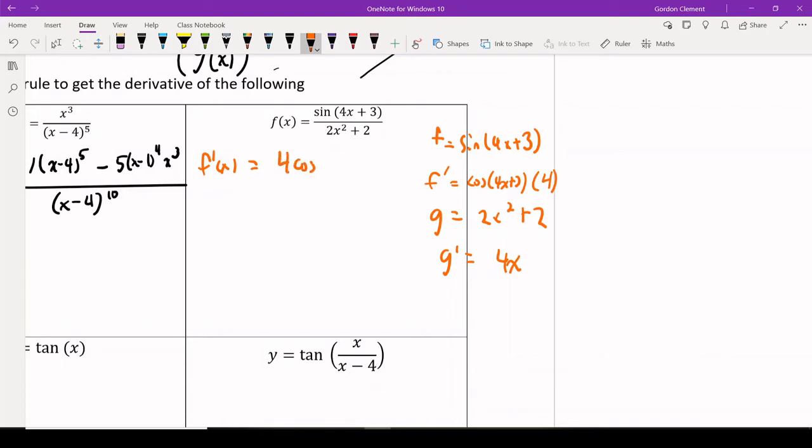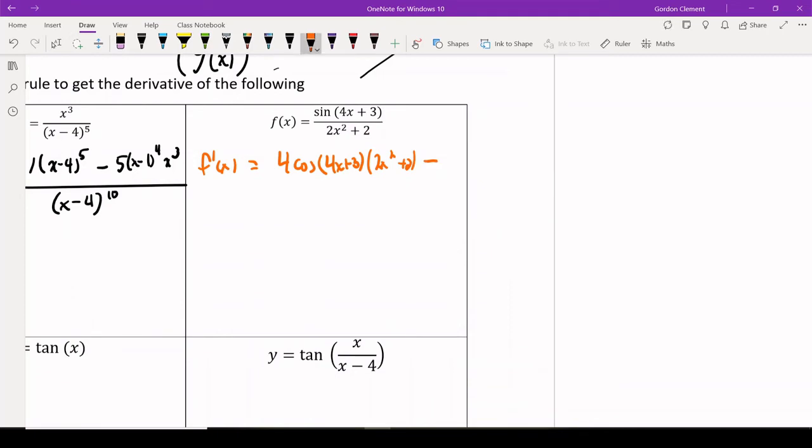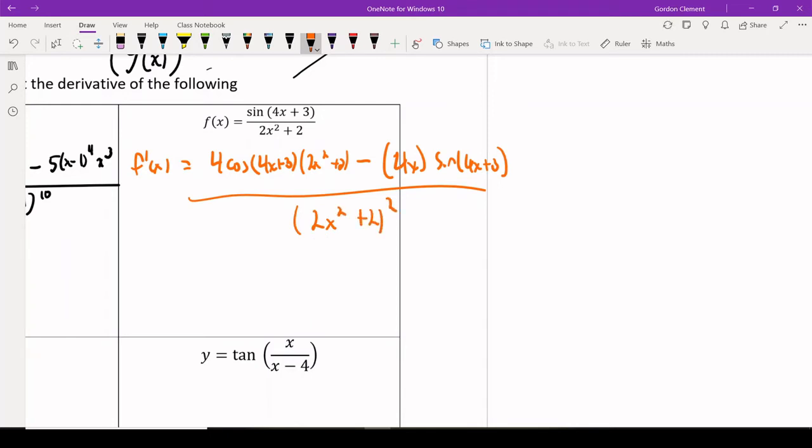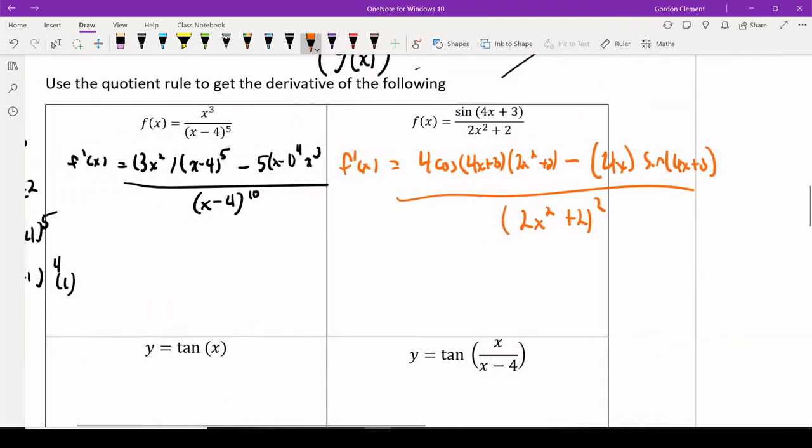So f prime is 4 cos 4x plus 3, times g, which is 2x squared plus 2, already out of room. So I'll just erase this so I have room to write out my answers. Minus g prime f, all over g of x squared.